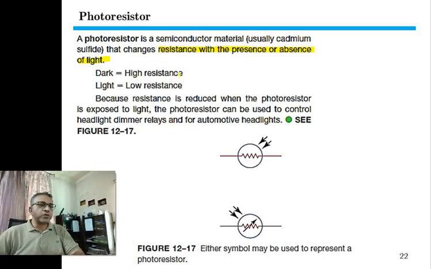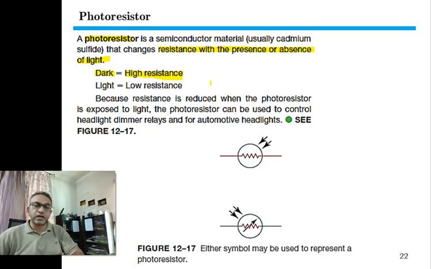When there is no light, that is when there is darkness, the resistance of the photoresistor will be high. Therefore, when the resistance is high, very small current, or maybe zero current, will pass through the photoresistor when the light is absent.